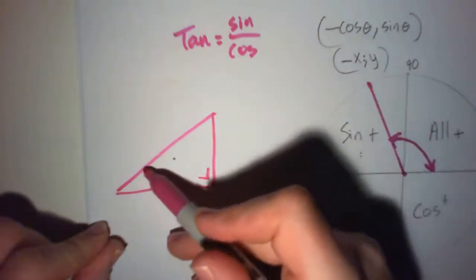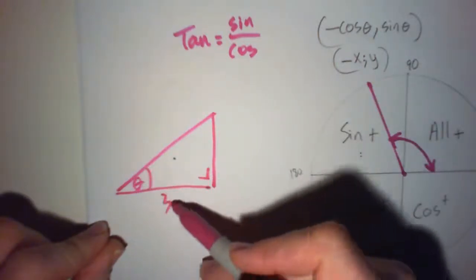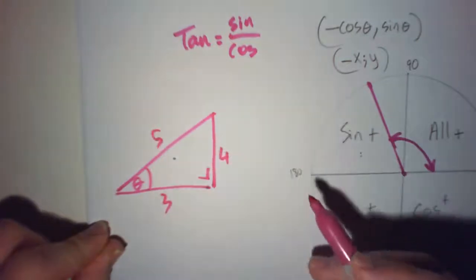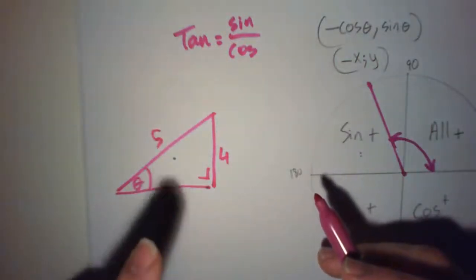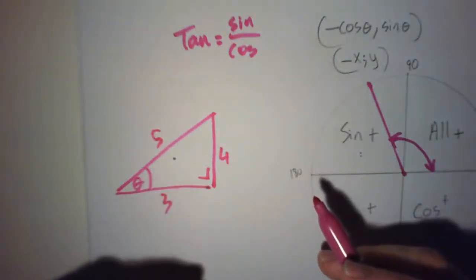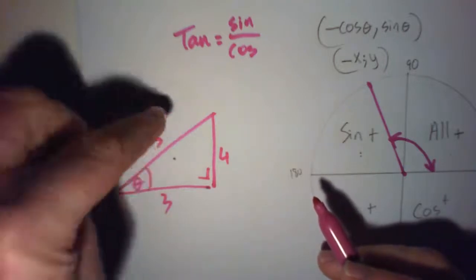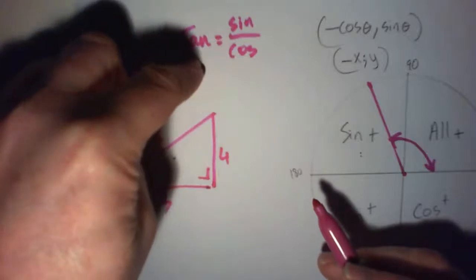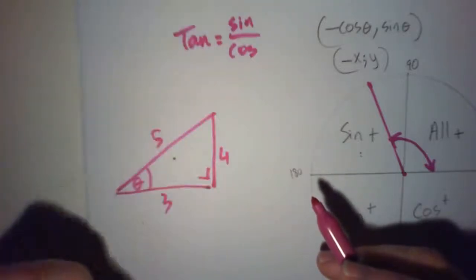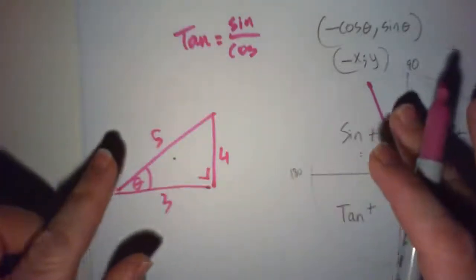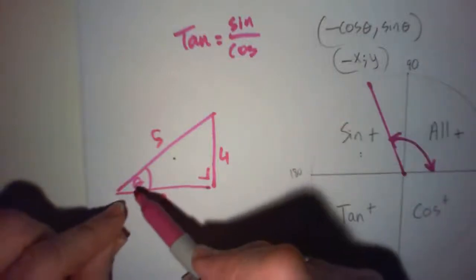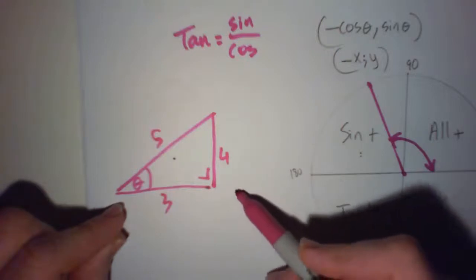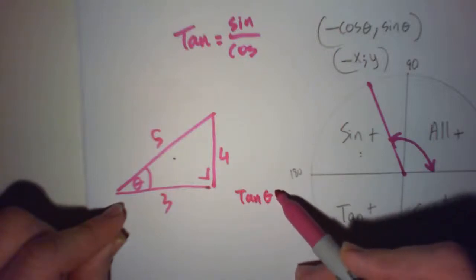Okay, right angle, theta, 3, 4, and 5. Okay, so if I'm right, then if I get the sine of the angle and divide it by the cos of the angle, I get the tan of the angle. So let's first get the tan by just reading it off. Tan is opposite over adjacent, 4 over 3. So the tan of theta is 4 over 3.